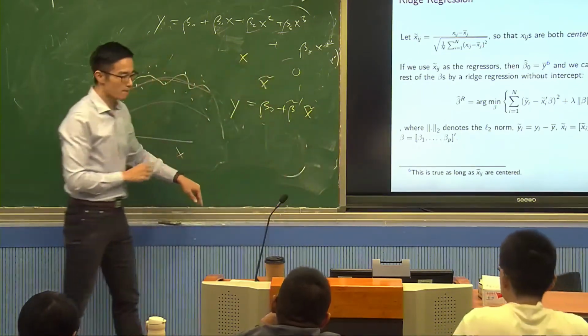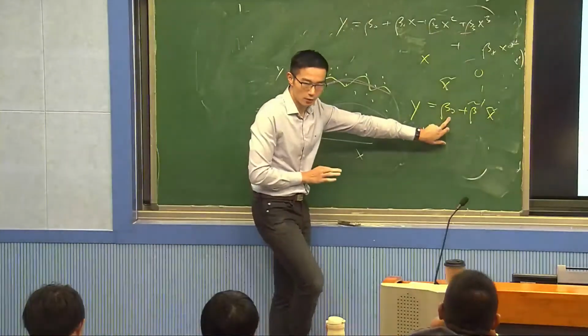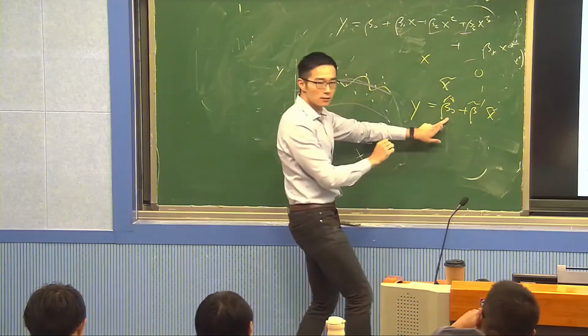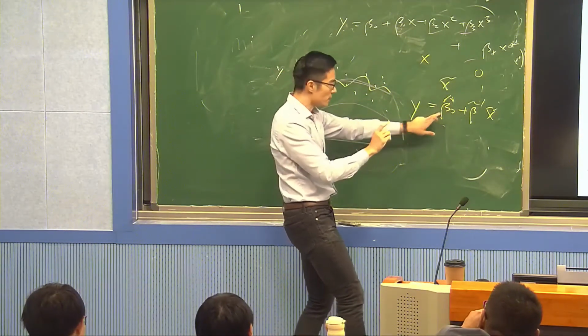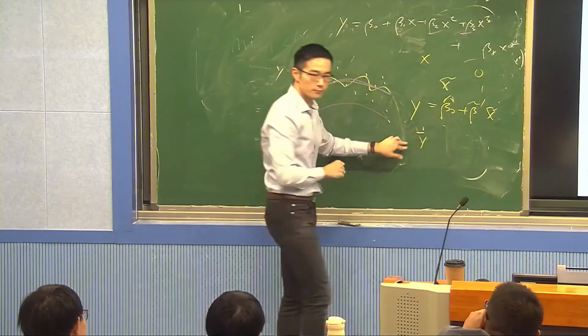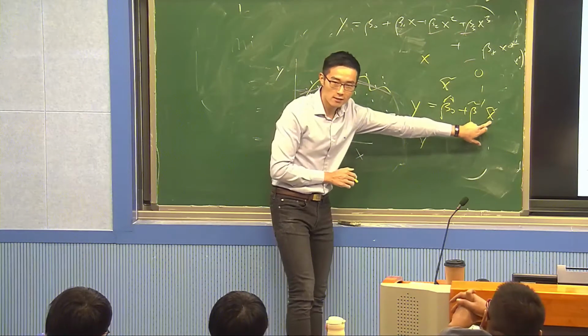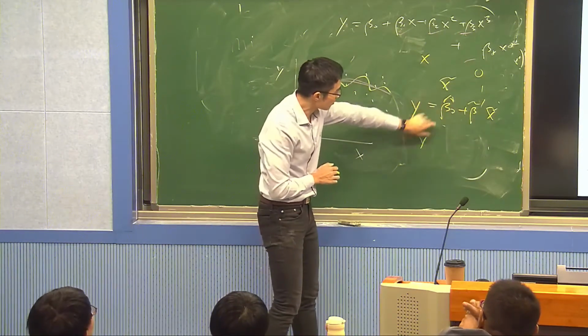Now in this case, what is the best estimate of beta 0? The beta 0 estimate will always be equal to y bar. Everybody agree? Because x tilde has mean 0. So the best estimate of beta 0 hat will always be mean y bar.